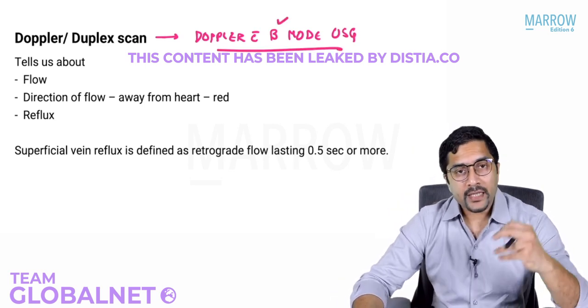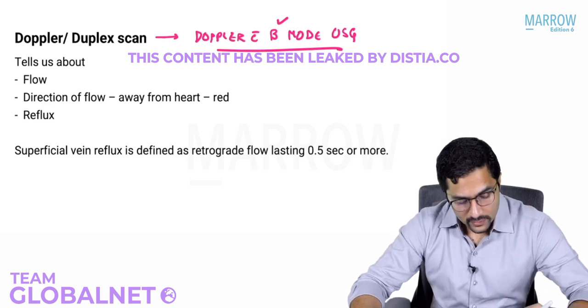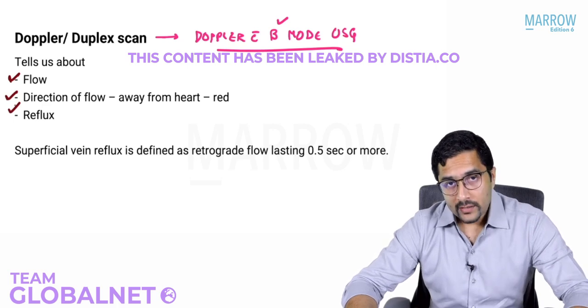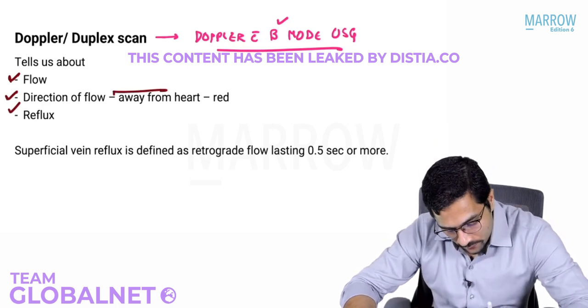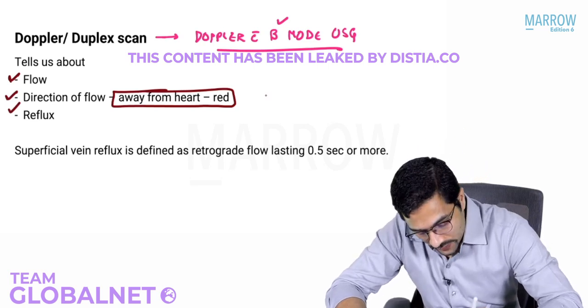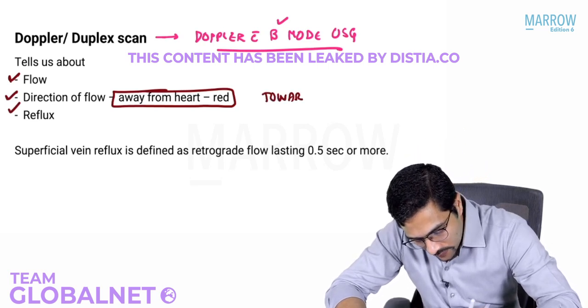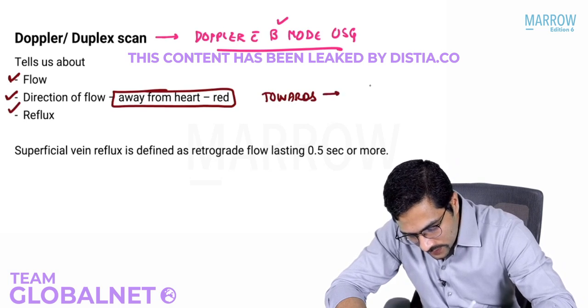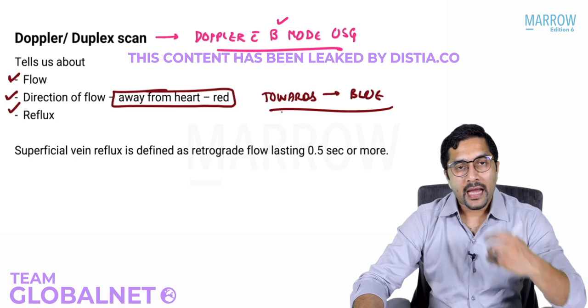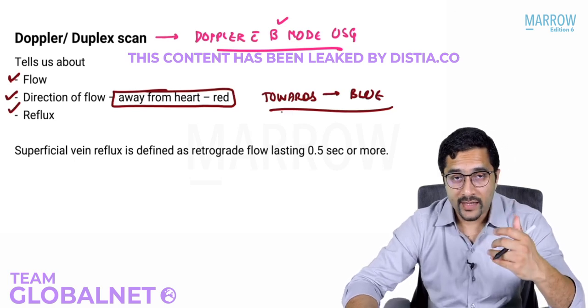Now, a Doppler tells us about the flow of blood, the direction of flow, and whether reflux is present or not. Now, the direction of flow away from the heart, it is red in color. And if it is towards the heart, it will be blue in color. Towards the heart, it will appear blue on the duplex scan. And we have to demonstrate reflux as well.